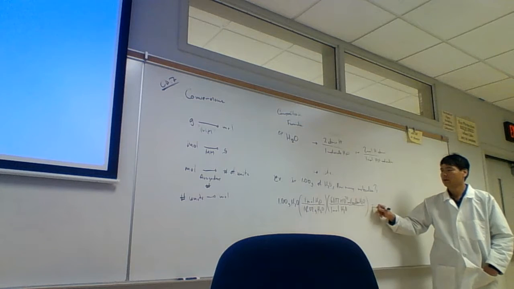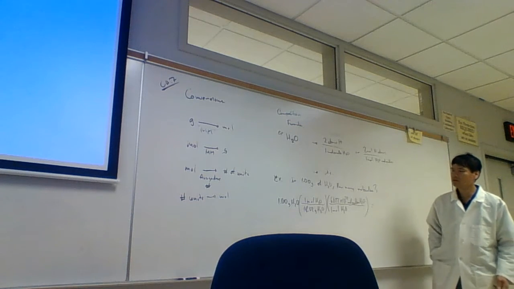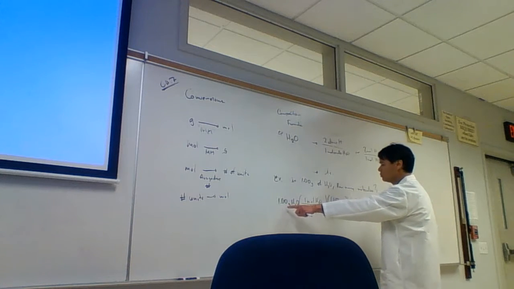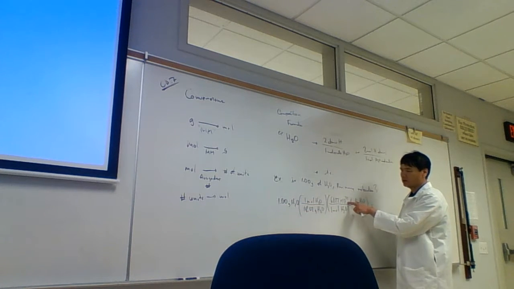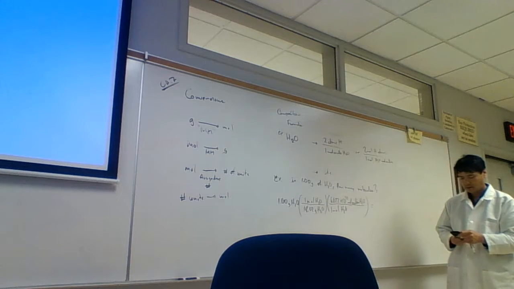All right, and so we would do this calculation and then see how many water molecules. It's going to be a huge number because this is 1, this is 10 to the 23rd, this is about 10.